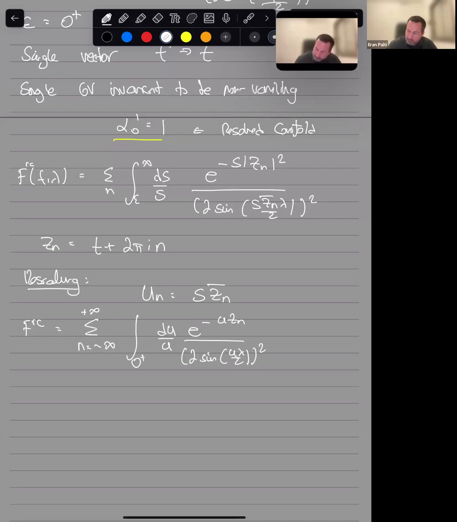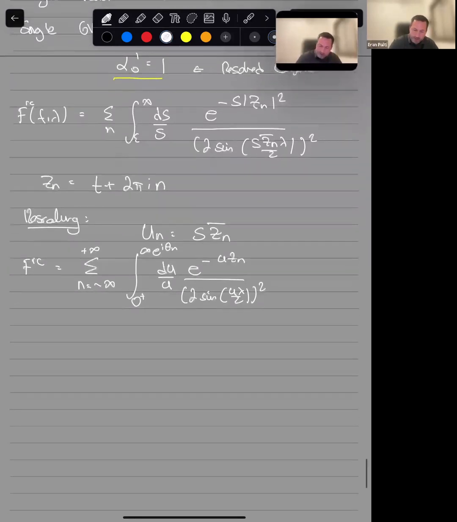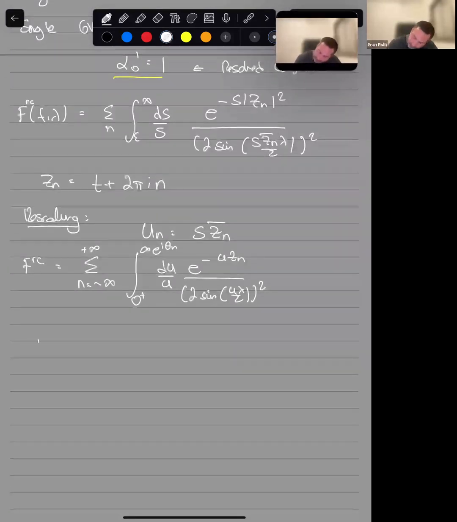So we have this 0 plus, that's our epsilon cutoff, and we have to integrate over this line here, infinity e to the i theta n. What does the integral over infinity e to the i theta n mean?